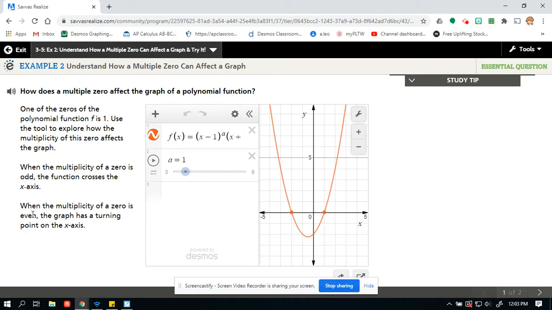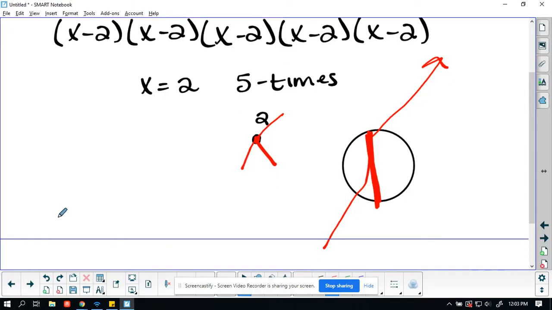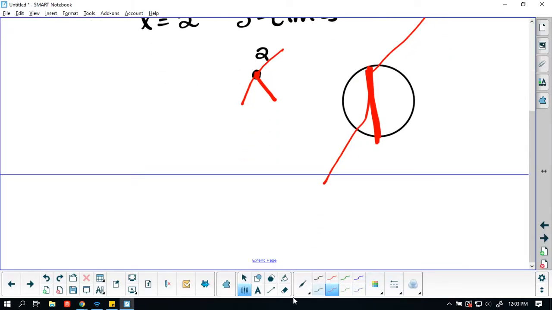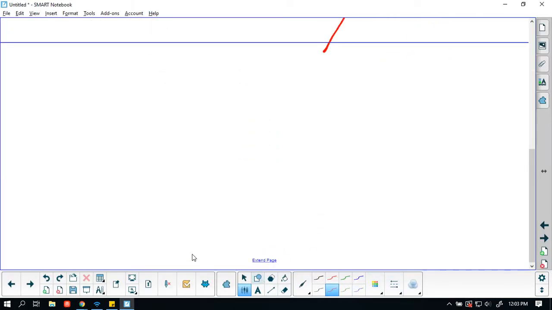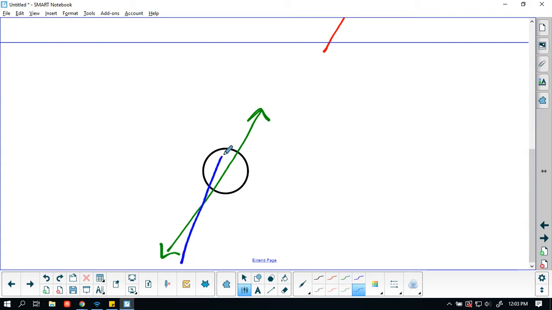So let's go back here to my image, my very nice image. If it's odd, I'm going to use green for odd. It'll come and go through the point and keep going. When it's even, it'll come to the point and basically bounce off and go back down.